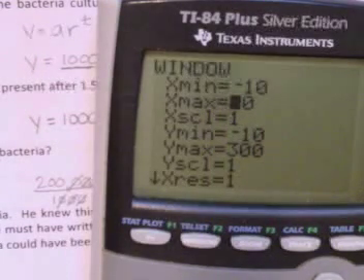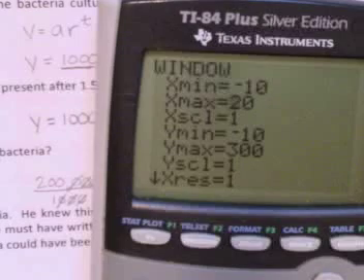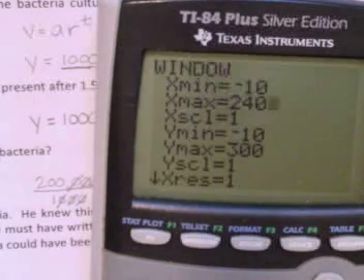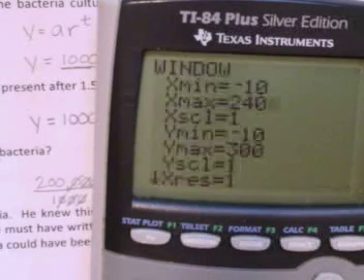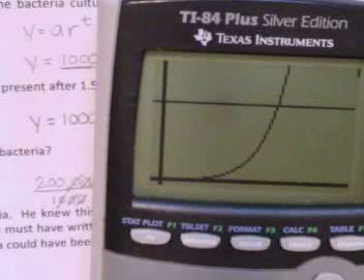But let's just guess maybe it's going to take 4 hours. So 4 hours would be 240 minutes. And now we graph and just see if we can see what we need to. And it looks like my educated guess about my window paid off.